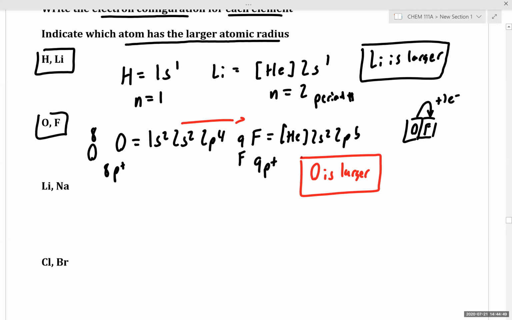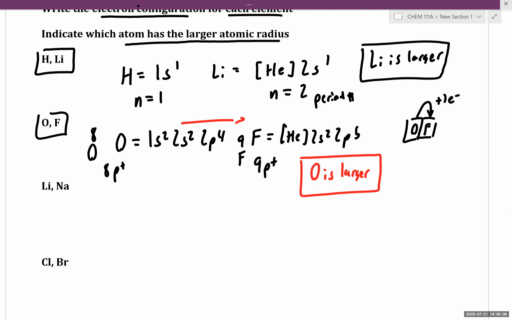So more protons, greater nuclear charge, farther to the right on the same row, smaller atom. Because fluorine is smaller, oxygen is larger. Does that make sense to everyone?